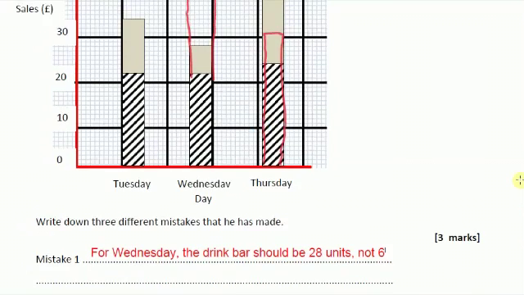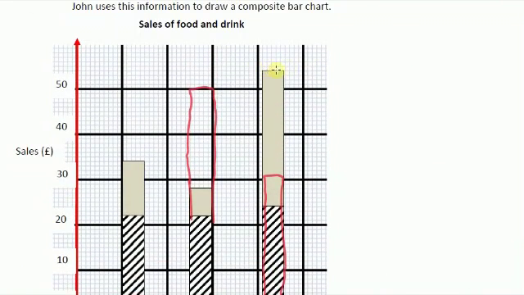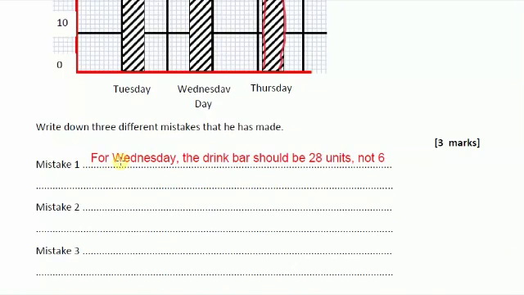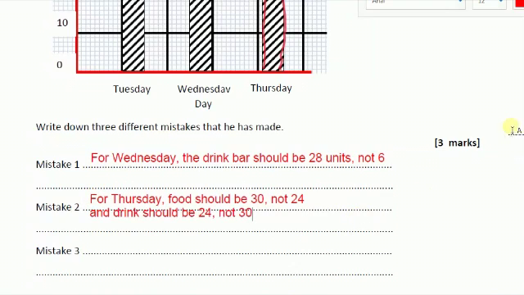So you can see that the drink should have been there, like that. So for Thursday, we can say he switched them around. And so now we look, that's covered the 3 days.